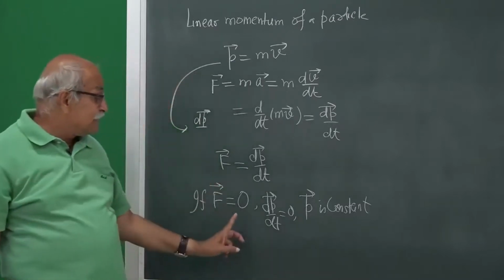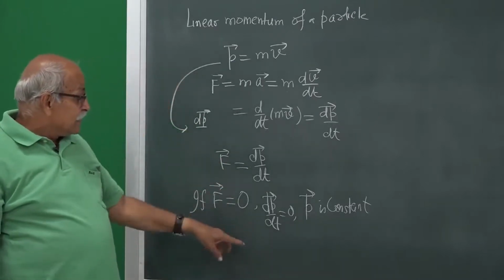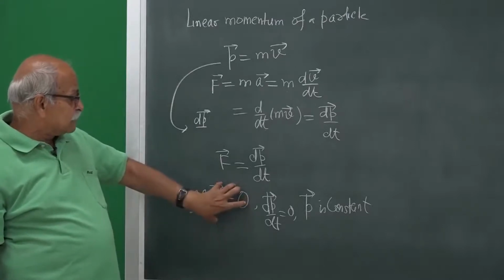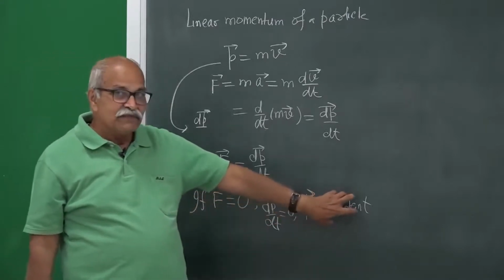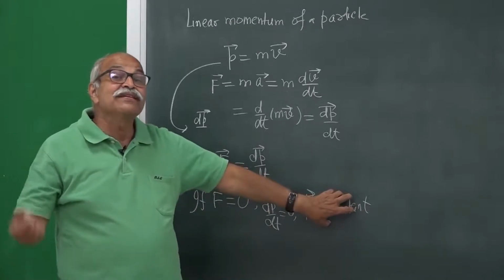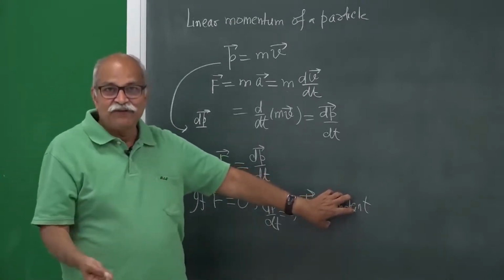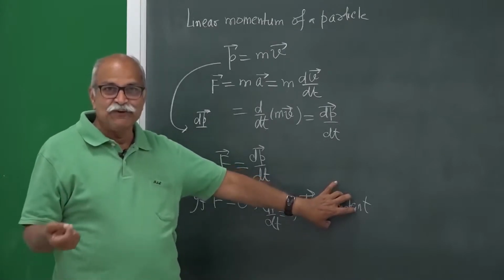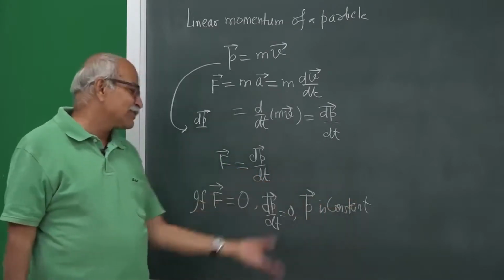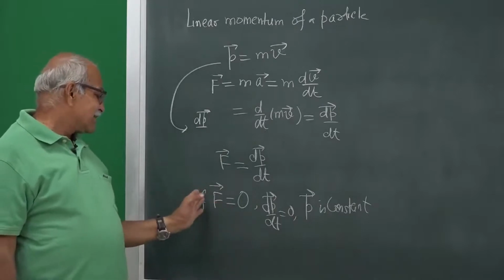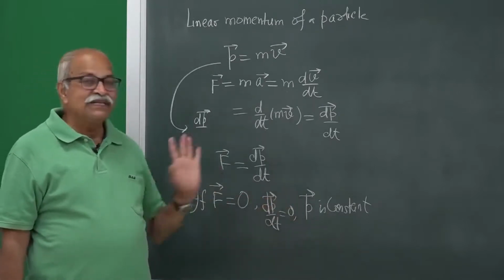Conservation of linear momentum says that if the external force on a system is 0, the total momentum of that system is constant. If your system is just one particle, all forces are external anyway, so the same principle tells us that if F is 0, then P is constant.